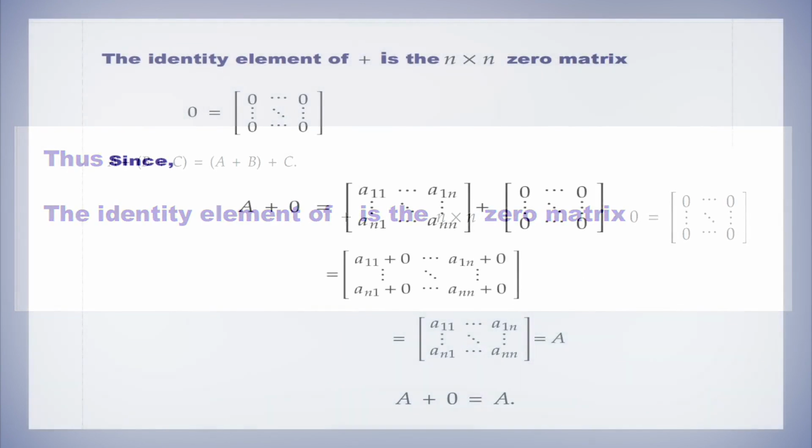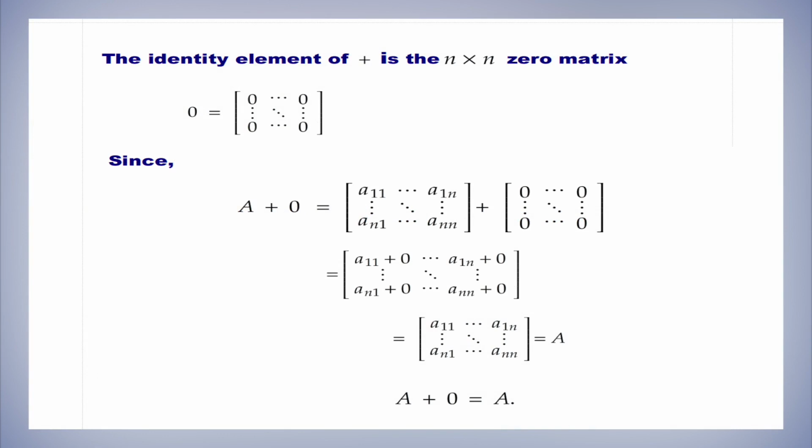The identity element of plus is the n by n 0 matrix. 0 is equal to 0, 0, 0, 0 and 0, 0, 0, 0. In columns and rows we are having only zeros. Since A plus 0 is equal to, already we have seen A is the n by n matrix. It's having the rows and columns like this: A11, A12, A13 and so on A1n, like AN1, AN2 and so on ANN.